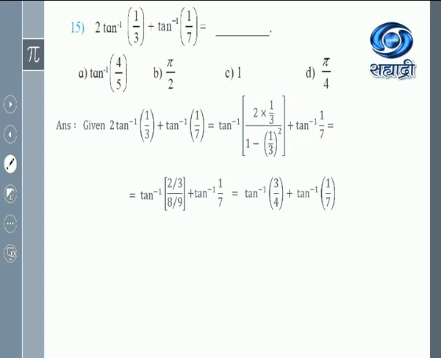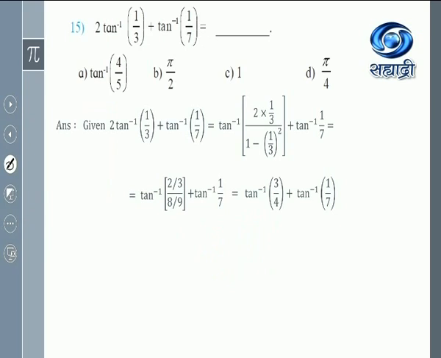Now simplify this. 2 upon 3 divided by 8 by 9 is 2 upon 3 multiplied by 9 upon 8. 9 comes in the numerator and 8 in the denominator. 2 ones are 2, 2 fours are 8, 3 ones are 3, and 3 threes are 9, which is tan inverse of 3 by 4.